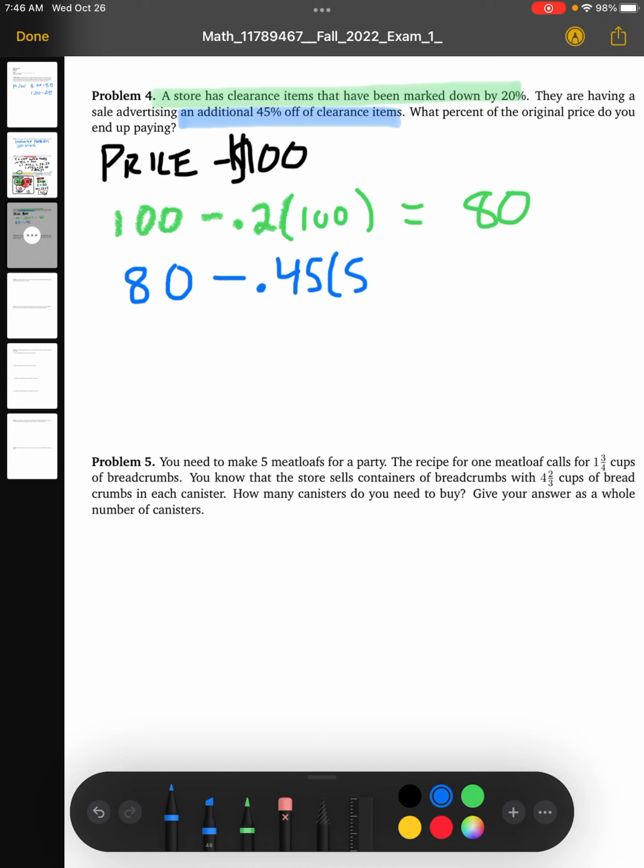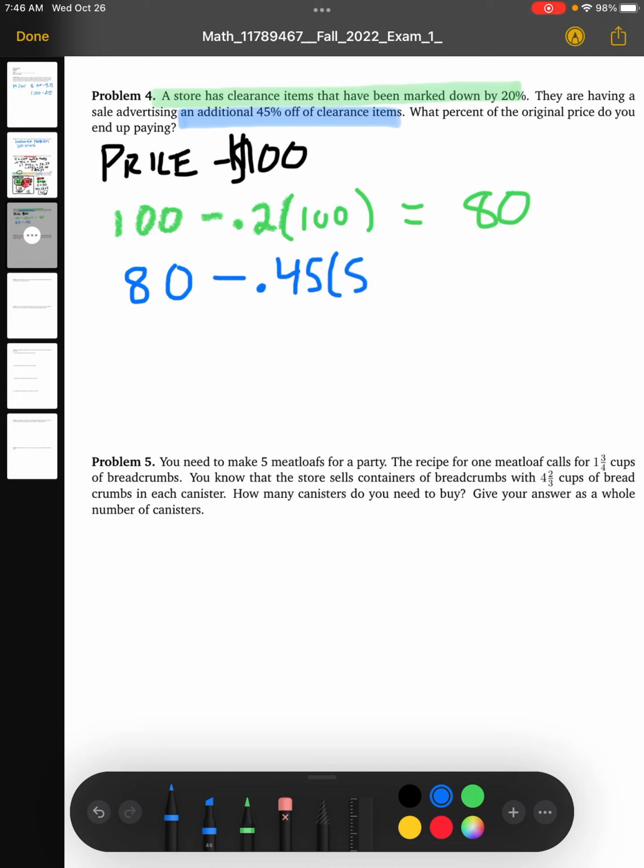But what they're asking in the problem is they want to know what is the percent of the original price that you end up paying. So you might see this right away, you might not, but percent means out of 100 or the part out of the whole. So here the price that I pay is $44.